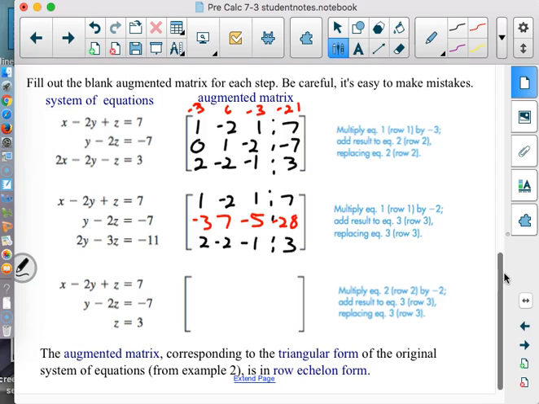System of equations to the left of that box. Nothing right now. It's not following these directions that she has here. Equation 1 by negative 3. 3, 6, negative 3, 7.